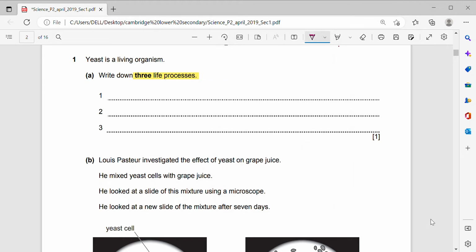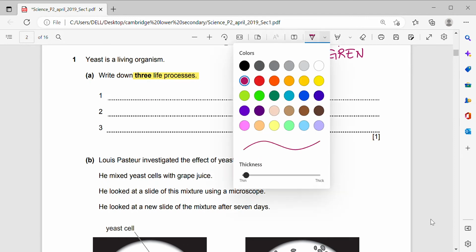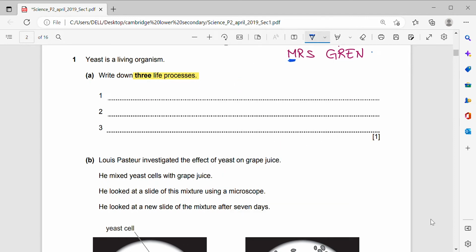فاكرين احنا اختصرنا قبل كده اللايف processes in Mrs. Gren. يعني ايه Mrs. Gren؟ قلنا ال M stands for movement. R stands for respiration.